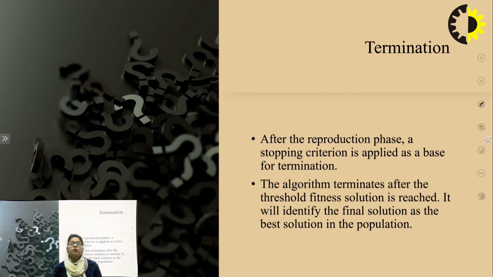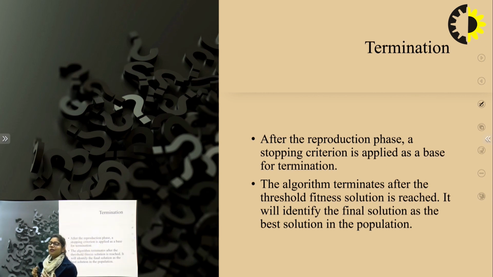Next is termination. After the reproduction phase, a stopping criterion is applied as a basis for termination. The algorithm terminates when the threshold fitness solution is reached.